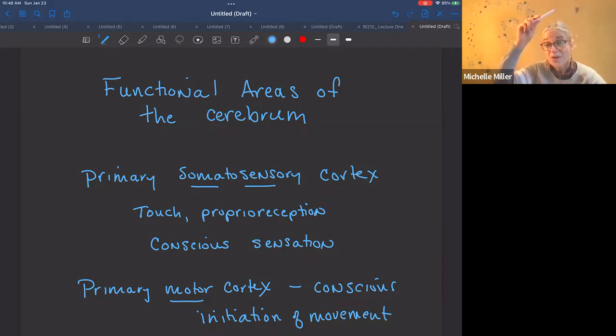Also, if I initiate an action potential on my left side, that is going to be sent to the right side of my body. So that is important when we start to talk about, for example, cerebrovascular accidents like strokes, which, if on one side of the brain, can affect and paralyze the opposite side.